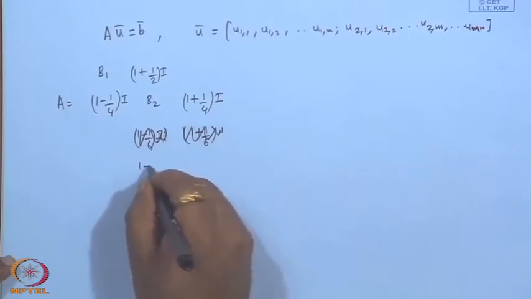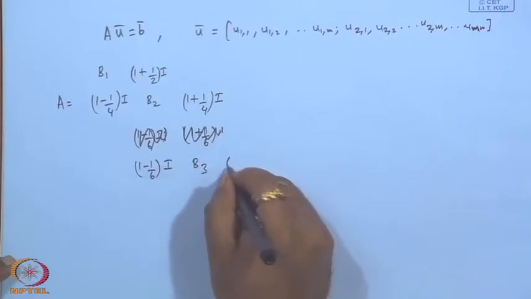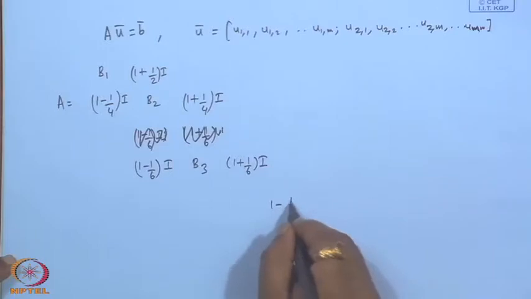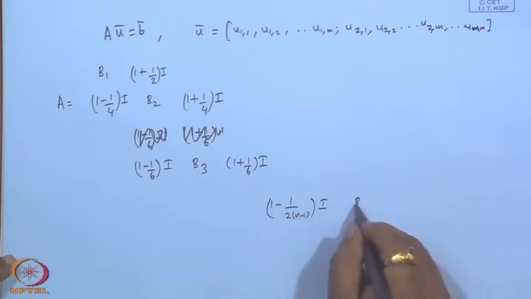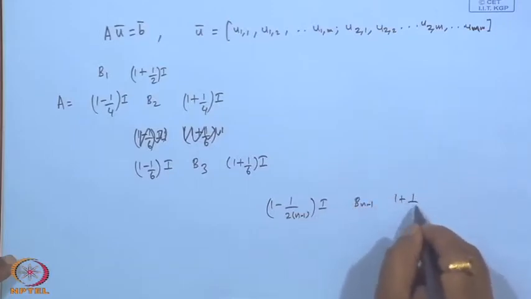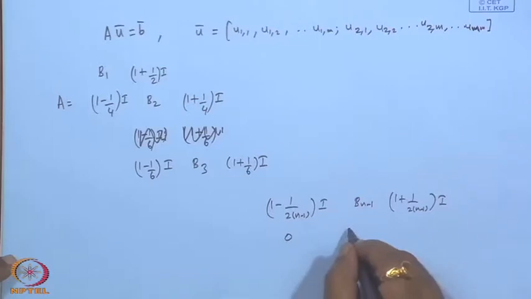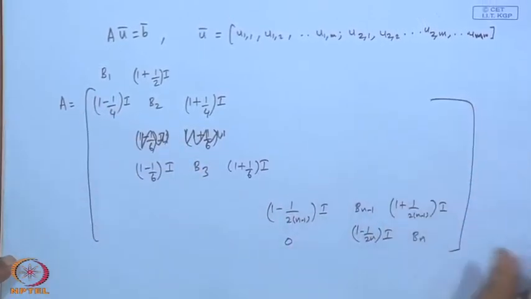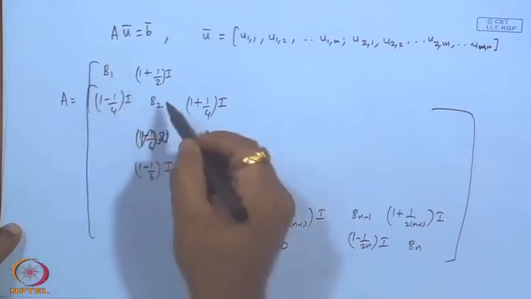So, this will be, so similarly we get, so the matrix A would have this structure and the matrix B, each B 1, B 2, B 3.